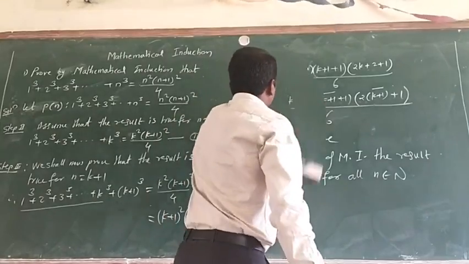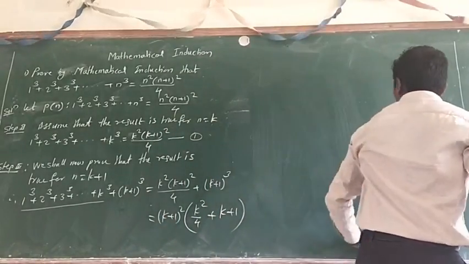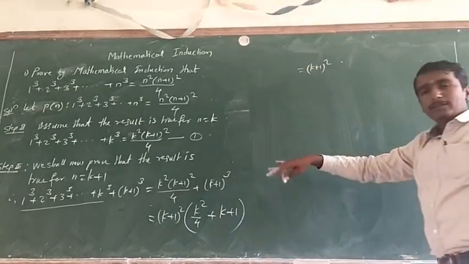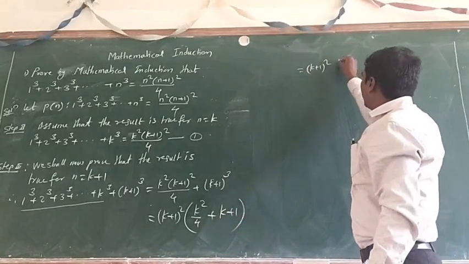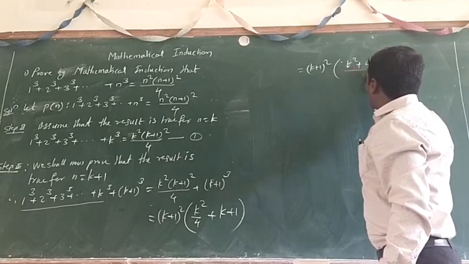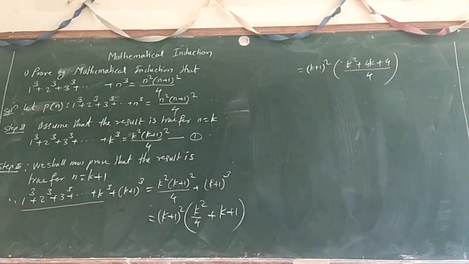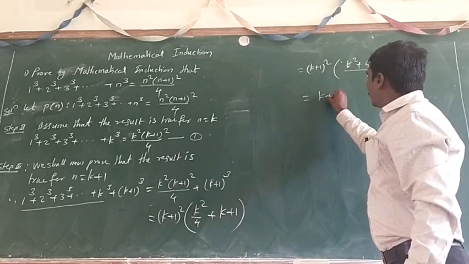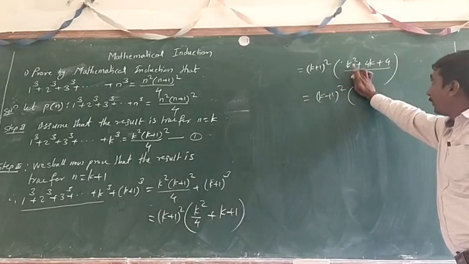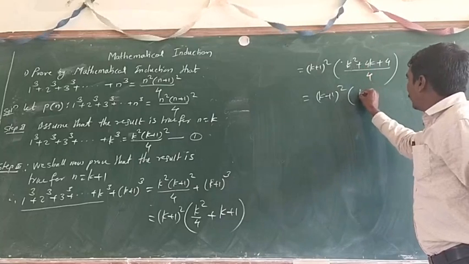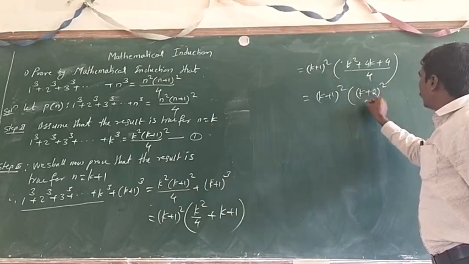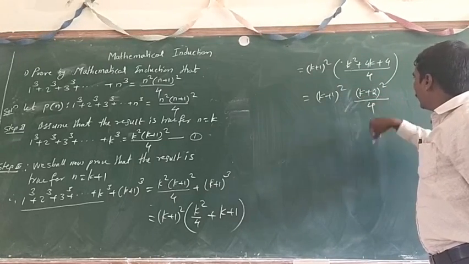So here we take (k plus 1) square, now cross multiply, that is (k square plus 4k plus 4) by 4. So this is equal to (k plus 1) square as it is, into bracket, the numerator should be the perfect square of k plus 2, that is (k plus 2) square by 4.